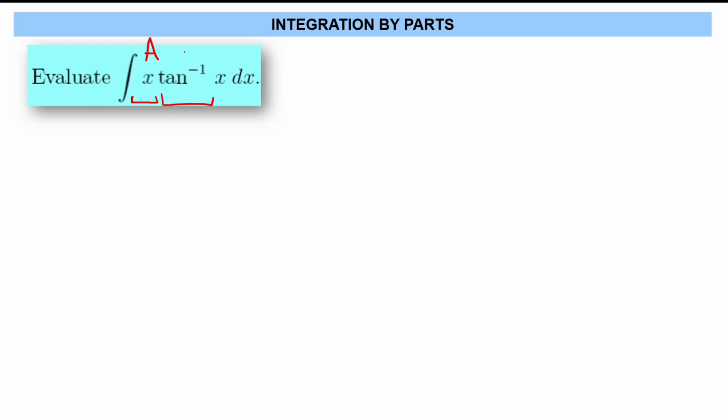Tan inverse is the inverse function, so it's I. So again, think about the LIATE. It's good to always write it in front of you so you see. I have A and I. So which one came first here? I, the inverse trigonometric function. So this I should be used as U.